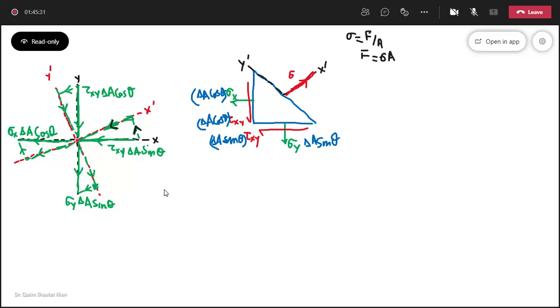This is the stress, sigma x dash, and to convert it into force we will multiply with the area, sigma x dash with delta A. So here along the y dash axis it will be tau x dash y dash, and to convert this stress into force we will multiply with the area delta A. Now we just have to apply summation of forces about x dash axis and summation of forces about y dash axis.